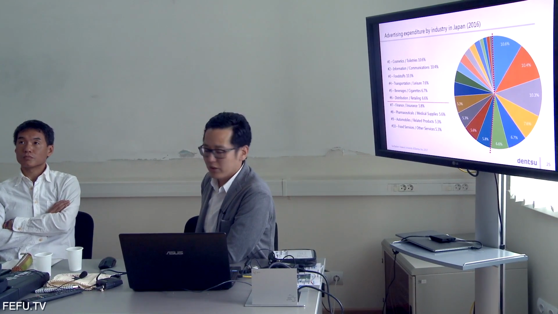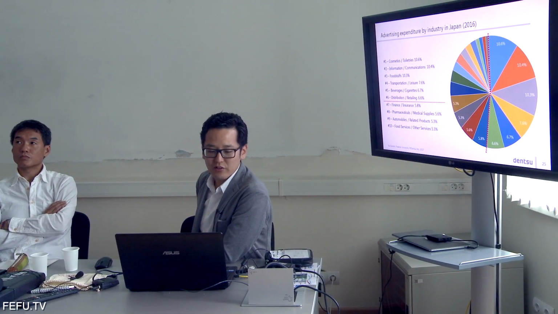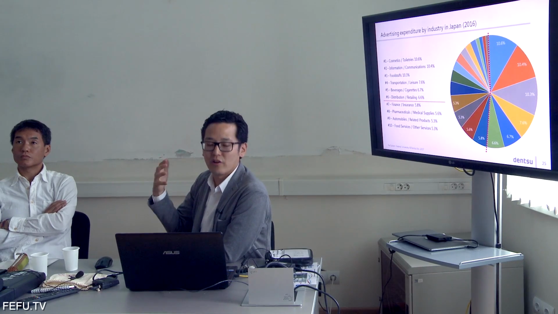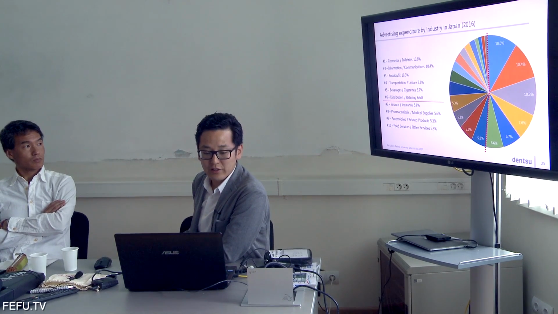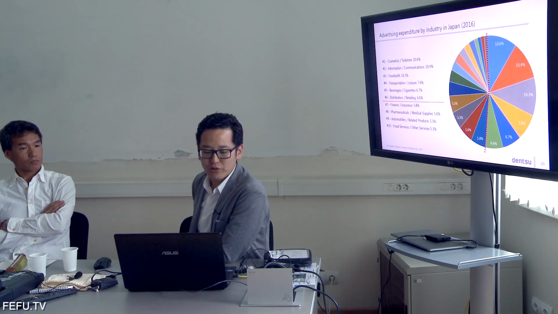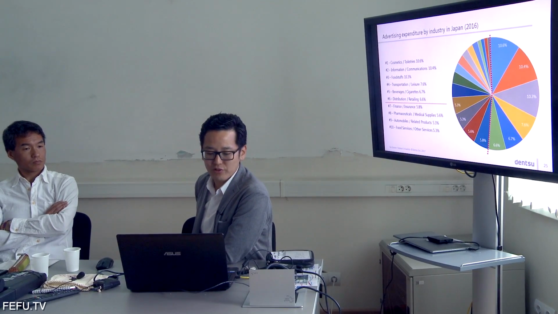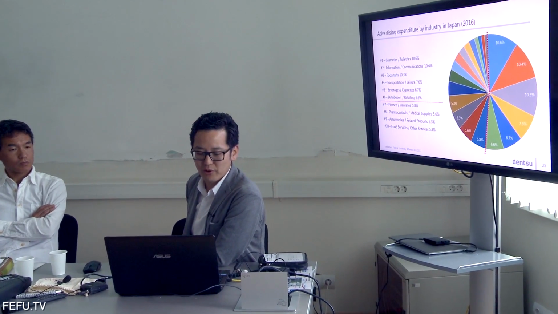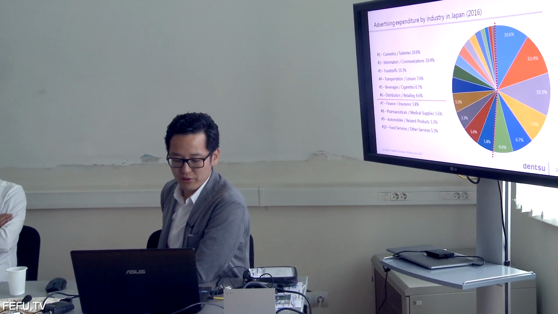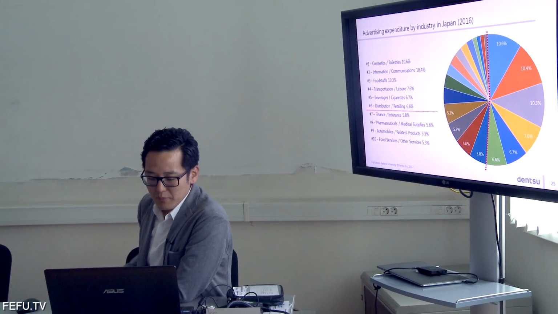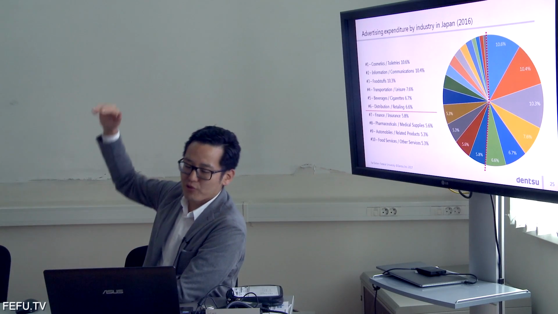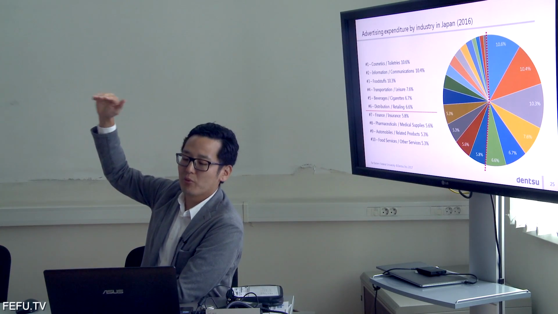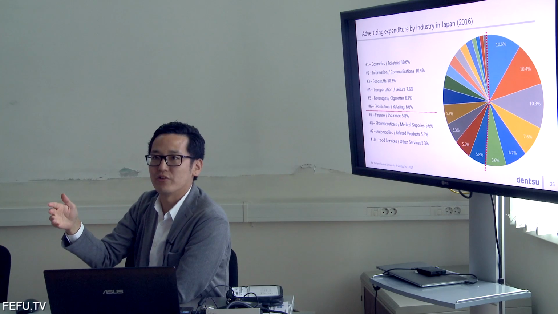The second is information and communication, which is cell phones and the internet. The third is foodstuffs, the fourth is transportation, the fifth is beverage, and the sixth is distribution, and so on. But as you can recognize, the top 6 categories occupy half of the advertising expenditures.